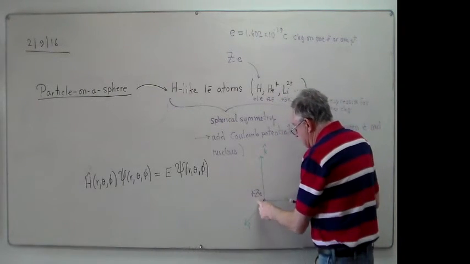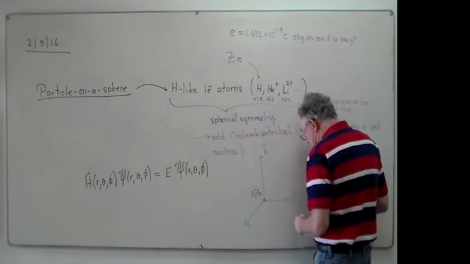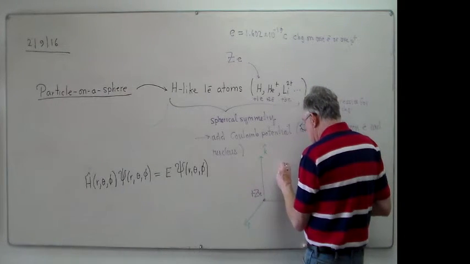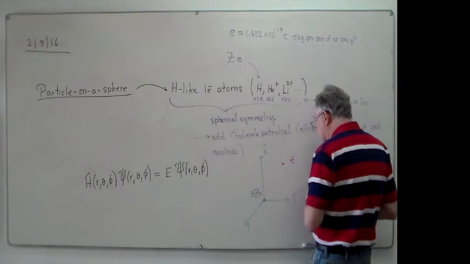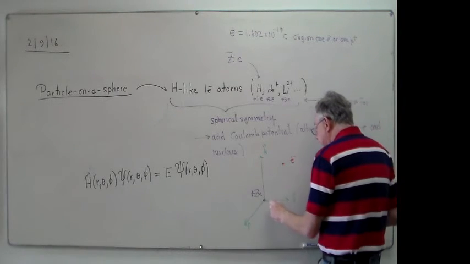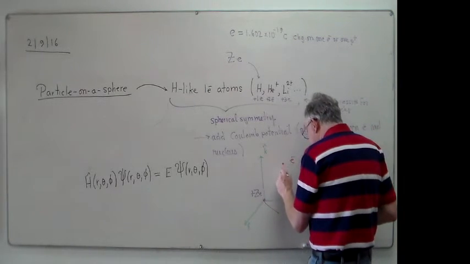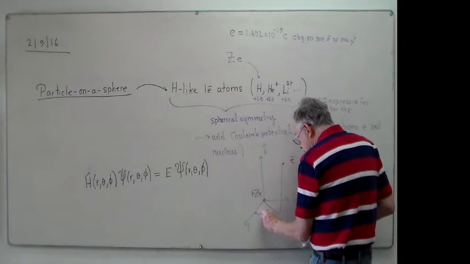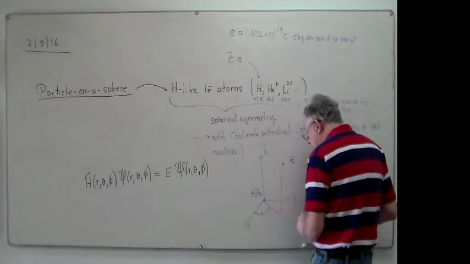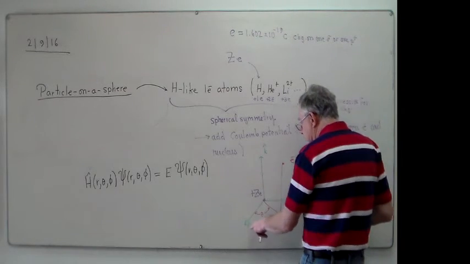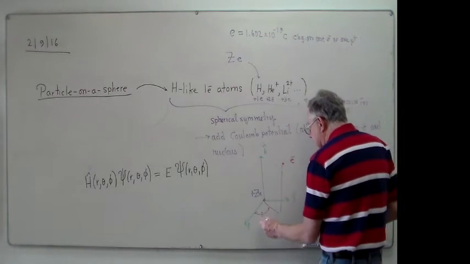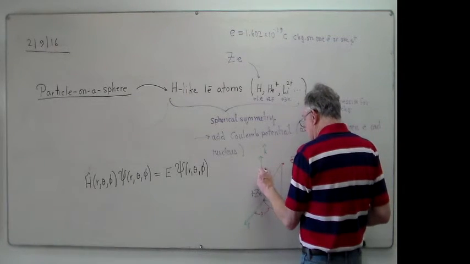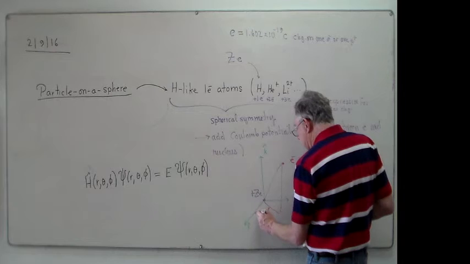So we have this nucleus. We'll put it at the origin of the coordinate system at plus ZE. And then imagine we have the electron up here. And the coordinates of the electron: there's a theta coordinate from the i or x axis. Oh wait a minute, I got theta in the wrong place.